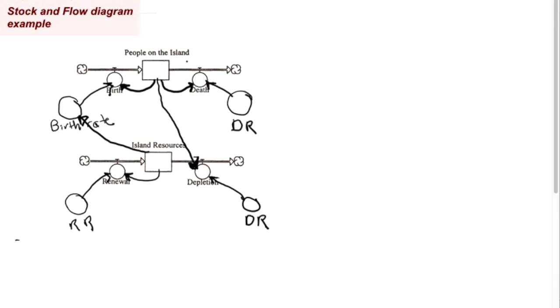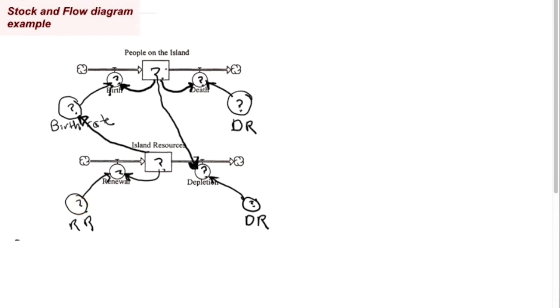Let's say that. We can have different connections, but remember that these connections imply that here we have an equation that involves the island resources, and here we have an equation that involves the birth rate and the people on the island. Okay, so each of these converters, flows, and even stocks, well, stocks won't have equations, but the other ones will have equations or constant values.